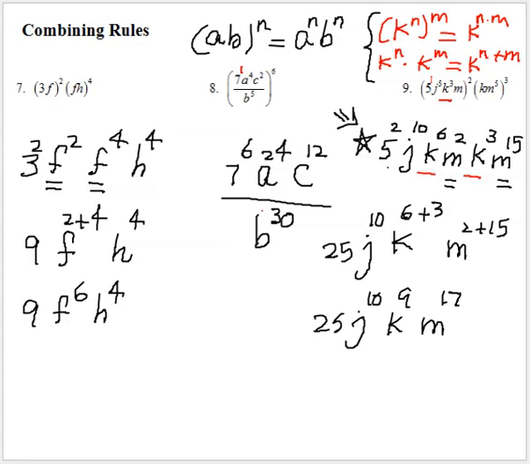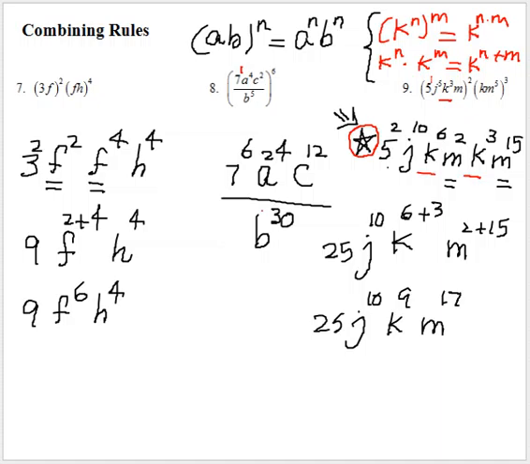Okay, so my question to you, Barbara, is do you follow up till this point here where I put the star? If not, I have to go back and explain that. If you follow up to this point, put yes or no so I can move on. And okay, so that's the problem that you have there.